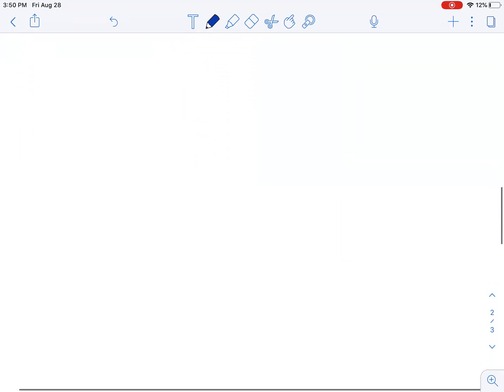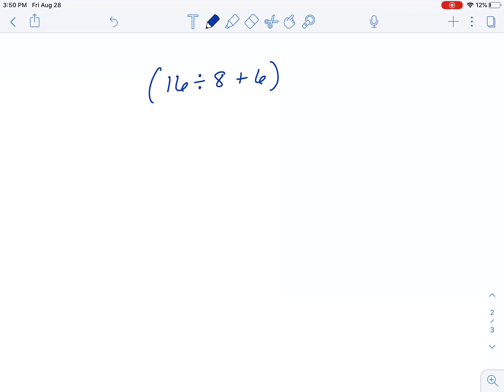Okay, what if I had more than one thing to do inside of a parentheses? Okay, so let's look at that type of problem. Okay, so if we had this problem, so again, we're looking at, so yes, I have parentheses, but this time inside my parentheses, I've got division and adding.